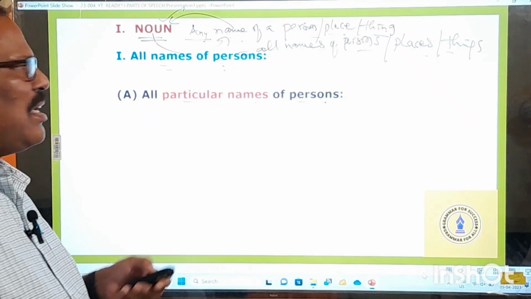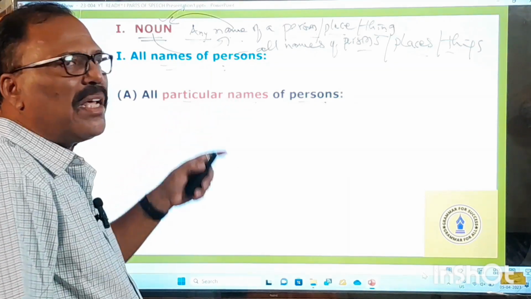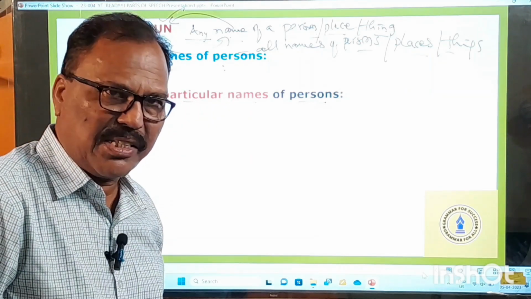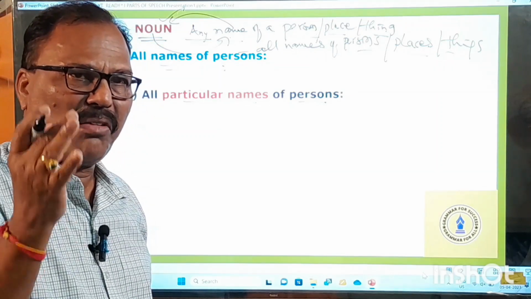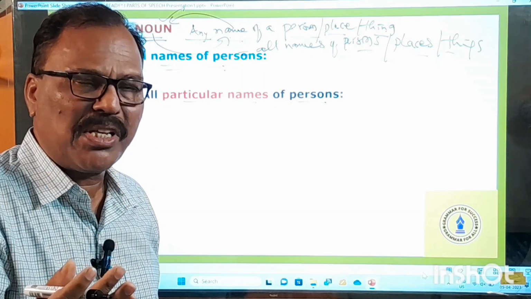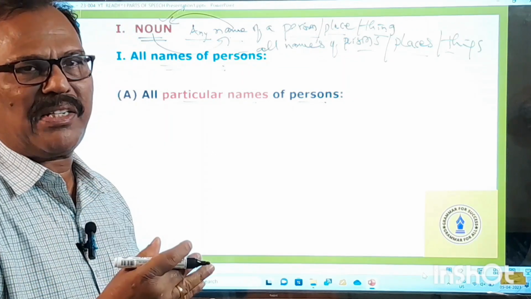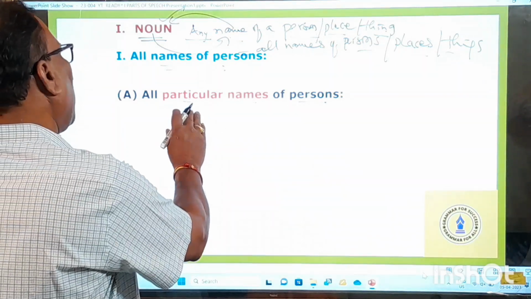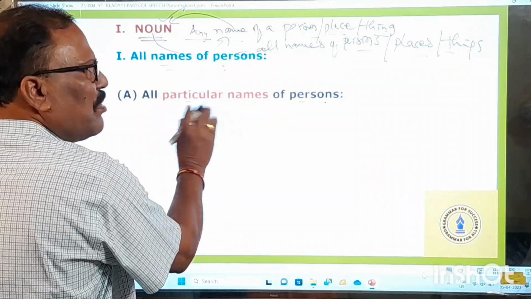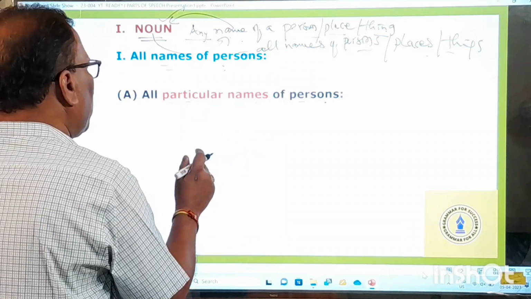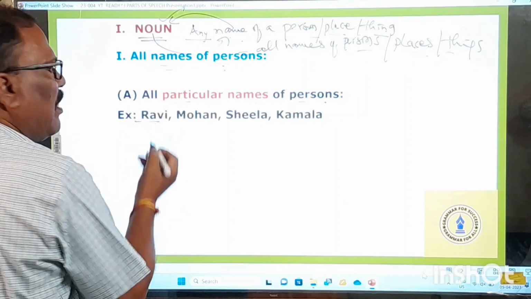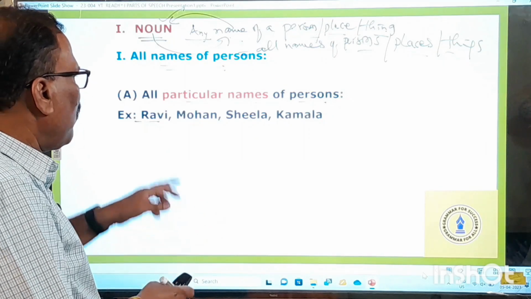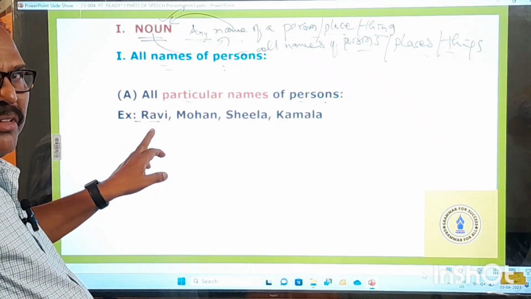Particular names of persons means these names are given by your parents. Now your names are all particular names, and they are all given by your parents, isn't it? So all such names are nouns. Now I'm giving you details. Ravi is a particular name of that person only.